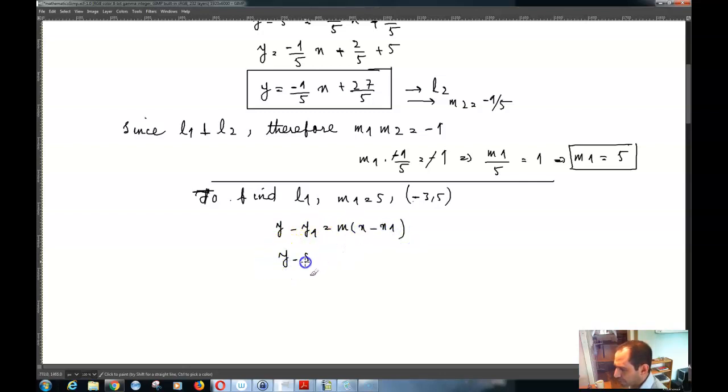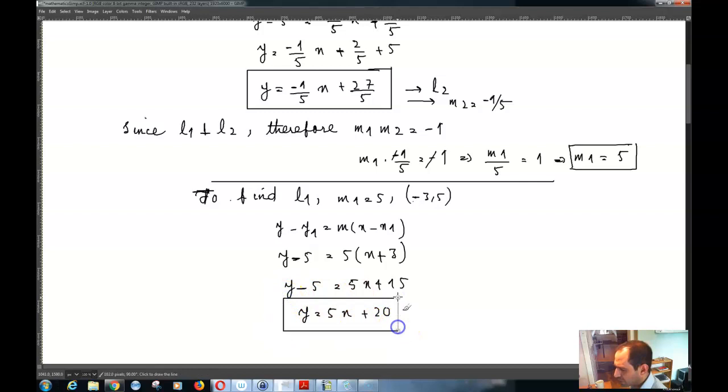So y minus 5 is equal to 5 times x plus 3. So y minus 5 is equal to 5x plus 15, or y is equal to 5x plus 20. That is the equation of the line that we were looking for, which was basically question number 10: 5x minus y plus 20 is equal to 0.